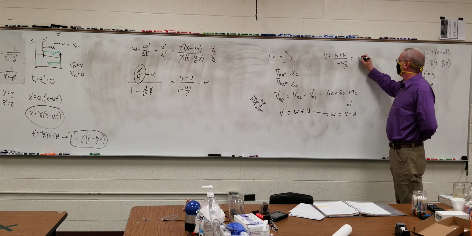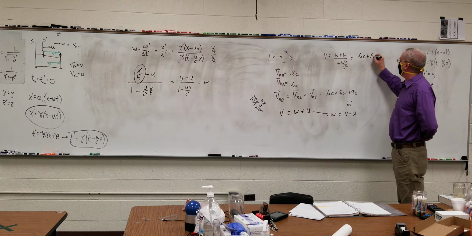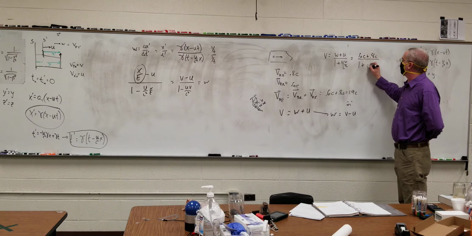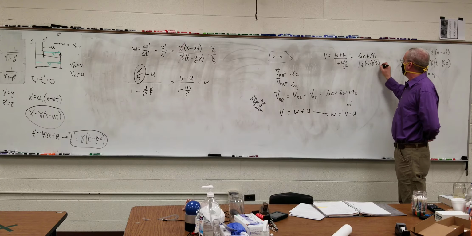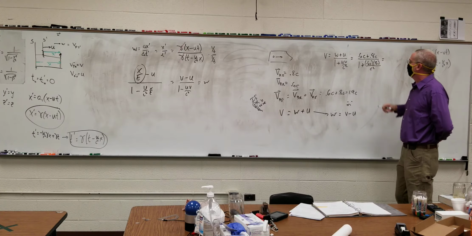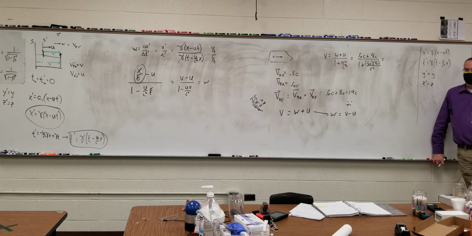And so this gives us 0.6c plus 0.8c divided by 1 plus 0.6c times 0.8c over c squared. And this better give us something less than the speed of light.